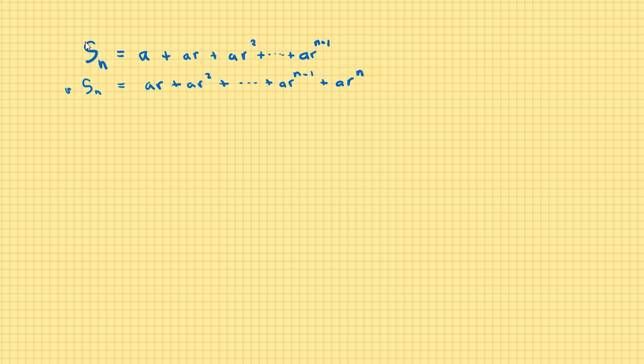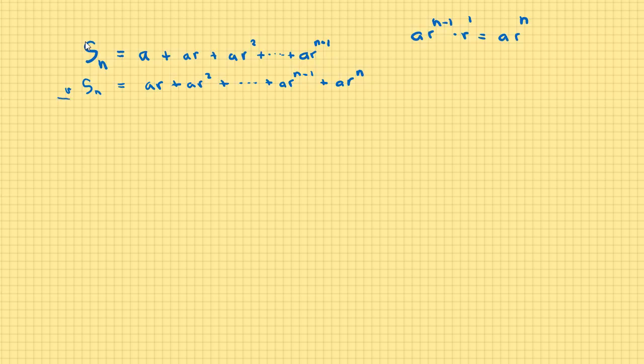Okay, and that's because when you multiply a r to the n minus 1 times r, that's going to be a times r to the n. You just add the exponents. It's r to the first power, so n minus 1 plus 1 is just n. So that's why we stop at a r to the n power.